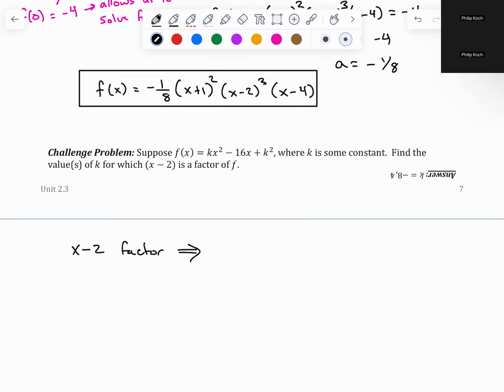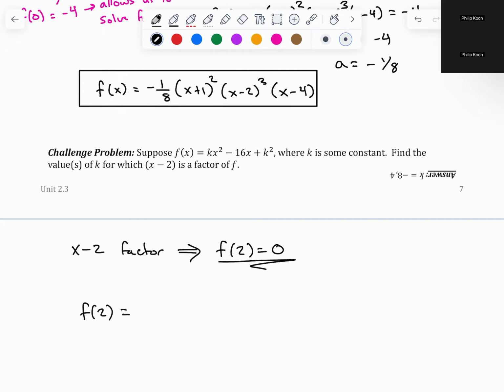That's right. Joy is absolutely correct. If x minus 2 was a factor, then f of 2 would equal 0. Okay. That means I can plug in 2 for x and set the whole thing equal to 0, and that will hopefully get me there. Let's see what happens. F of 2, the mistake that a lot of students will make is they'll try and plug in 2 for k.